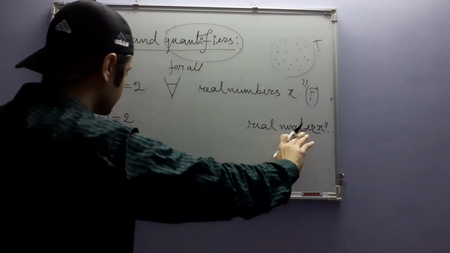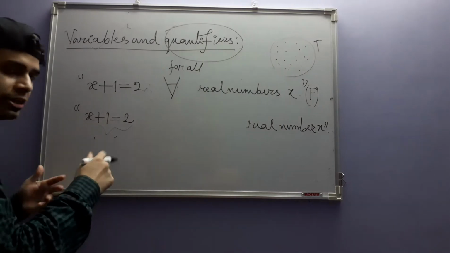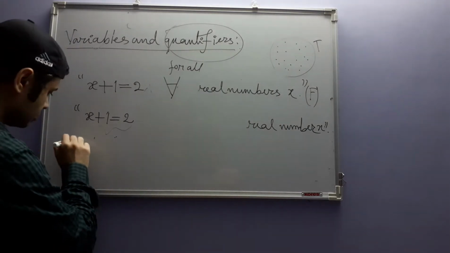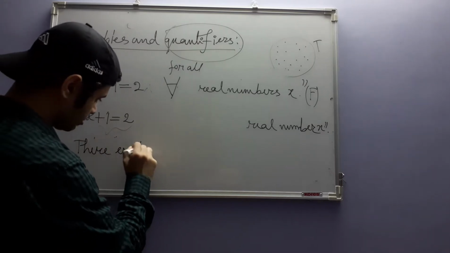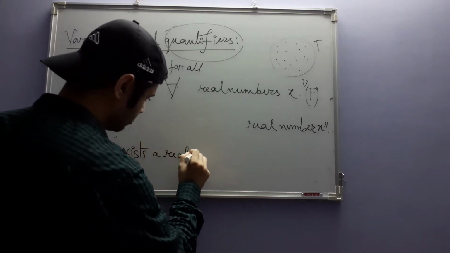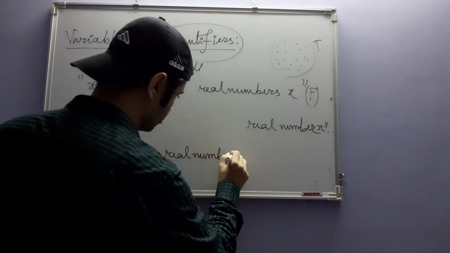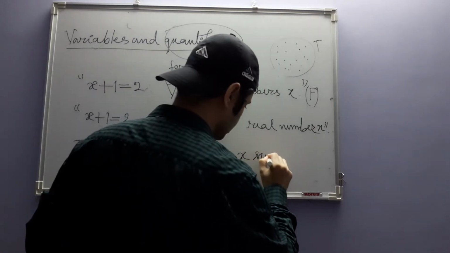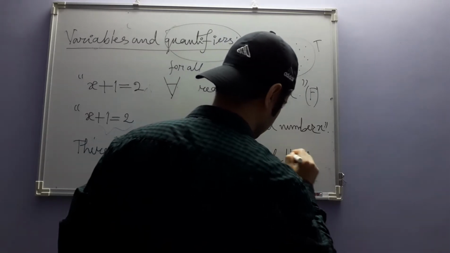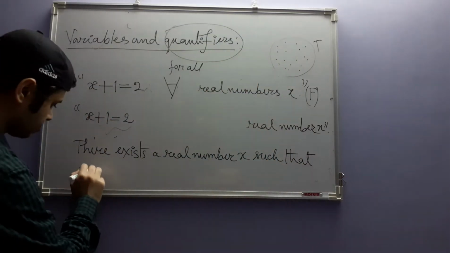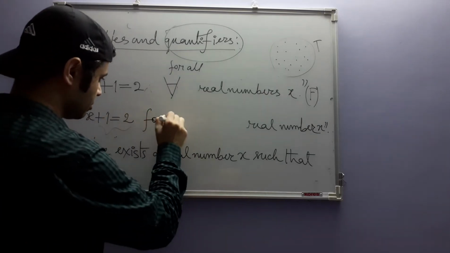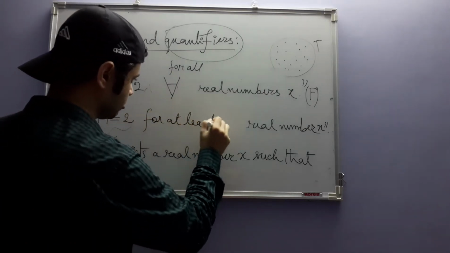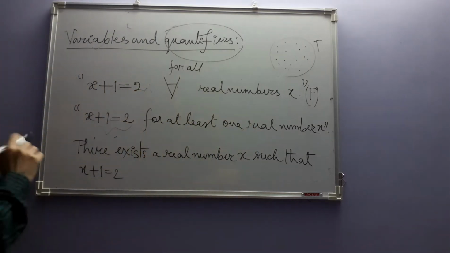And this statement can also be written somewhat differently, like this: there exists a real number x such that x plus 1 is equal to 2. These two are the same, for at least 1. These two statements are one and the same.